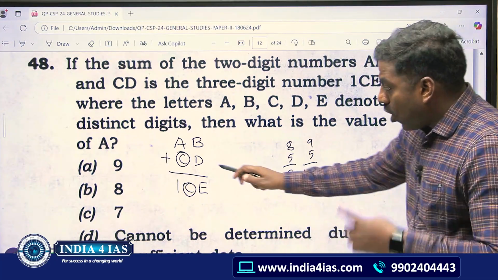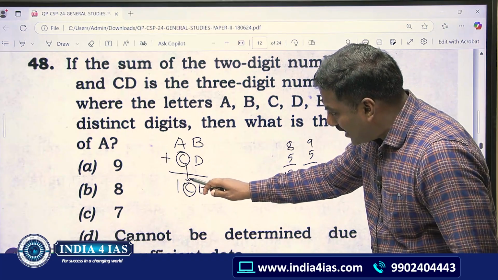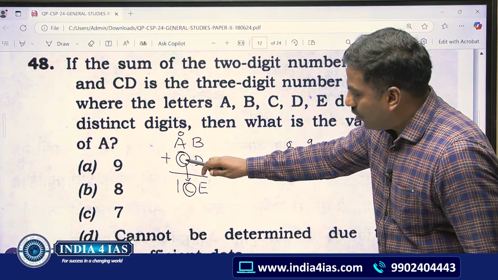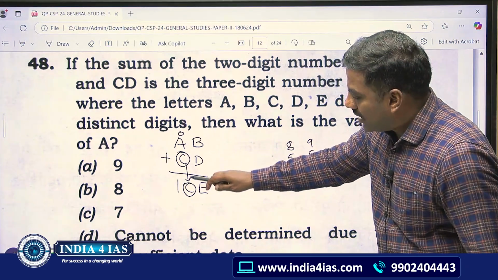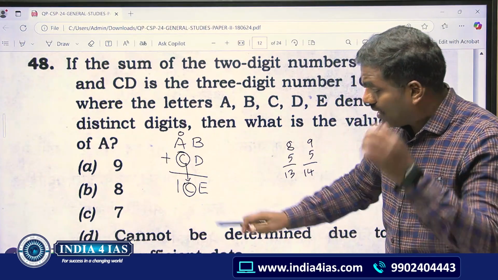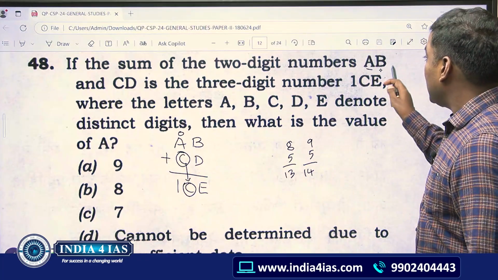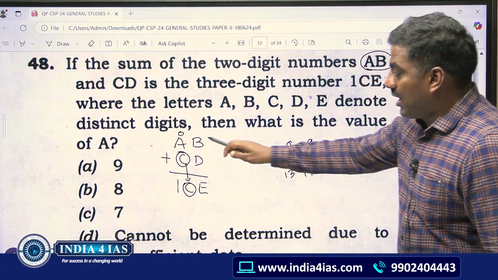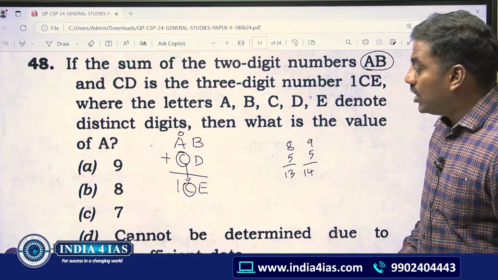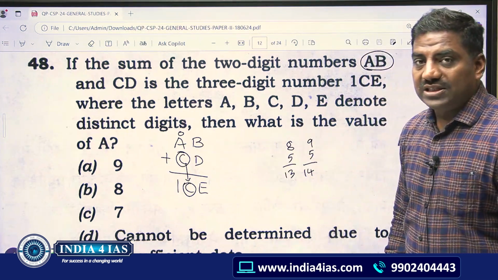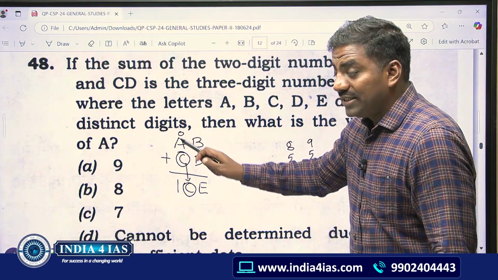So if you want the same digit here, that means you have to add 0 here. Whenever you add a number to 0, then only you will get the same number there. But here A cannot be 0 because they have given AB as a two-digit number. If I make A as 0, then this is a single digit number. This cannot be a two-digit number. So I cannot take value 0 here.